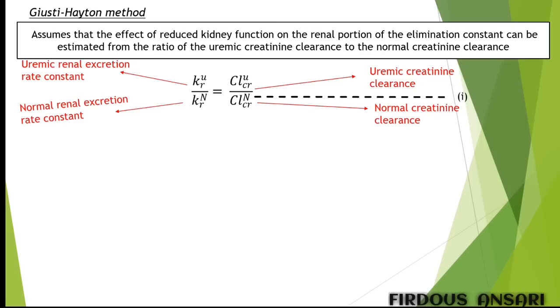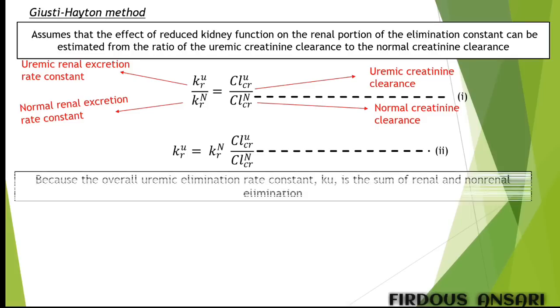Let it be equation number 1, and you can rewrite it as: the uremic renal excretion rate constant equals the normal renal excretion rate constant multiplied by the uremic creatinine clearance divided by the normal creatinine clearance. Let it be equation number 2.